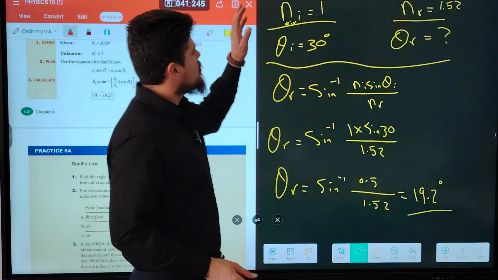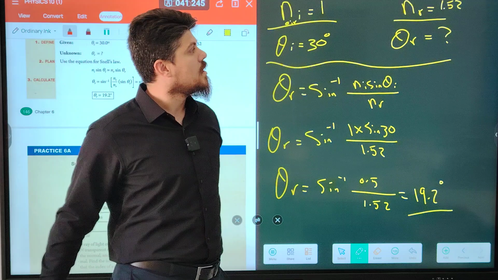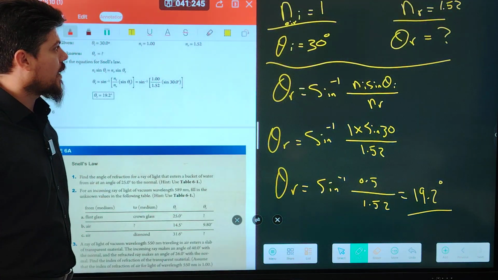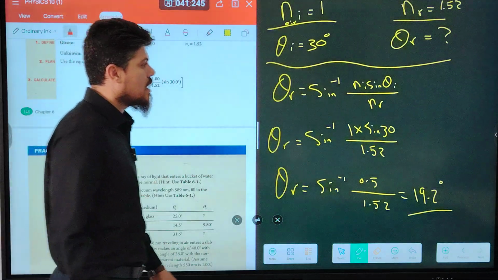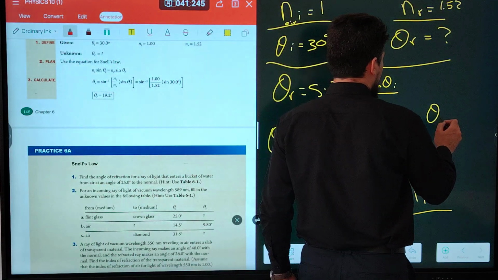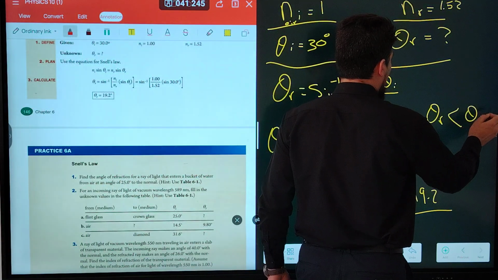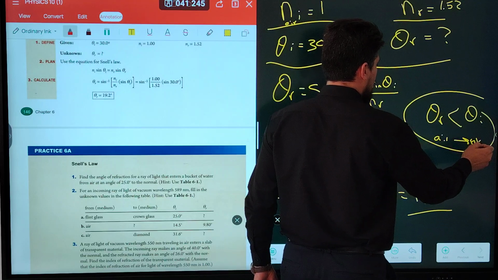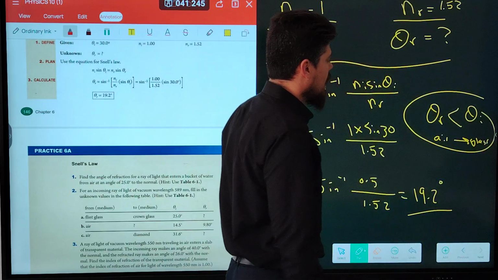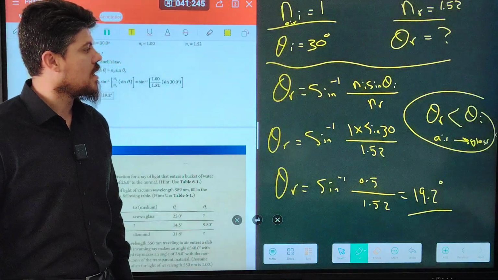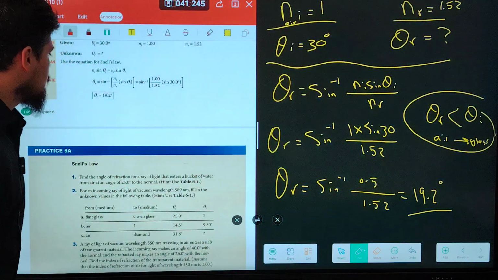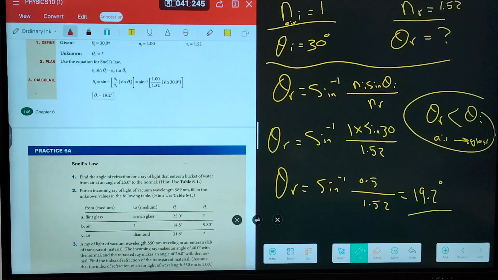In this question, because the light travels from air into the glass, it bends toward the normal. So the angle of refraction, theta R, must be less than theta I when the light travels from air to glass. But when the light travels from glass to air, theta R must be bigger than theta I. This is sample problem 6a.